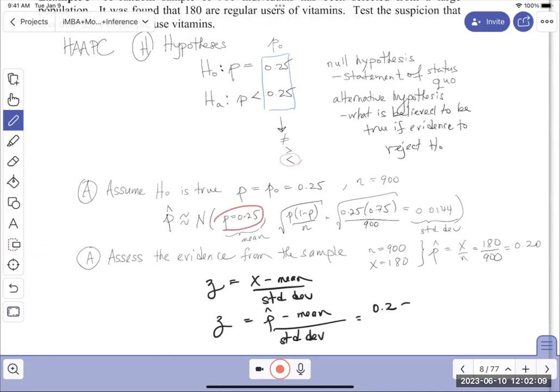And its standard deviation is this. So we already have everything that we need. 0.2 minus 0.25 divided by 0.0144. So how many standard deviations are they apart? Aha. What do you think about that, Patricia? Is that too far? Is that too different? Well, it's an outlier, right?